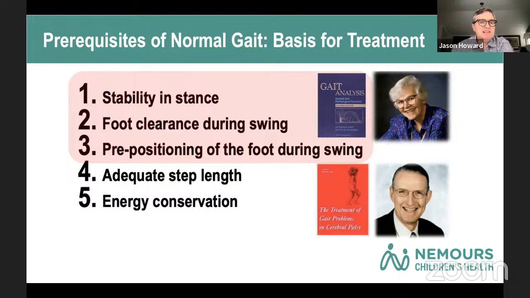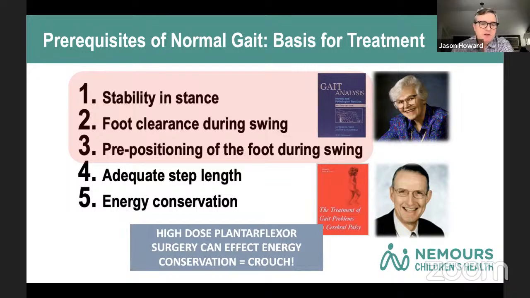You need to clear the foot during swing, so if you have things like equinus or a drop foot, that can impede forward progression of the limb during the swing phase. You also need to pre-position the foot during swing to get it ready for initial contact. Ideally, we want initial contact at the heel, not at the toe. So keep those in mind as we go forward with this talk.